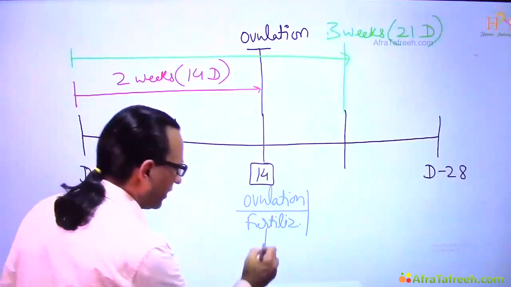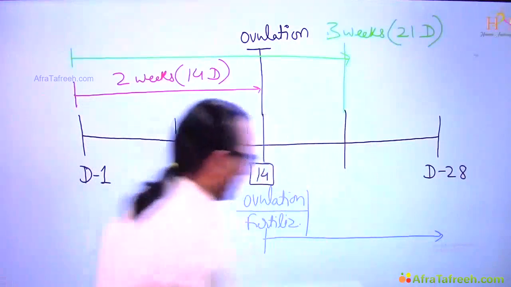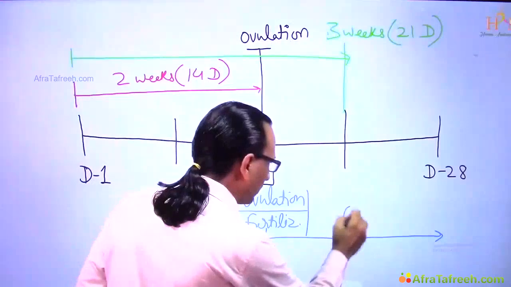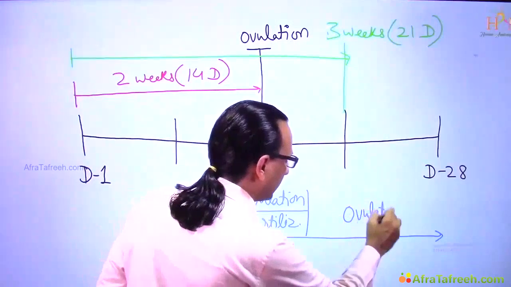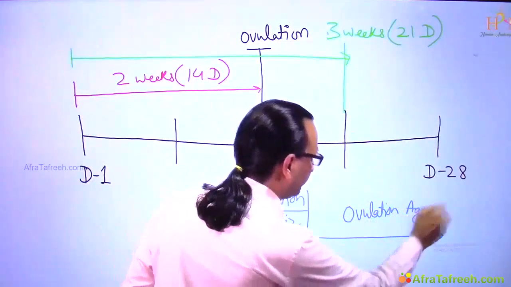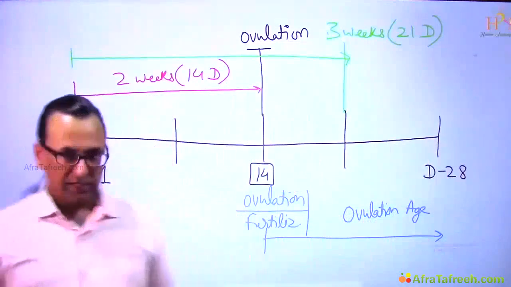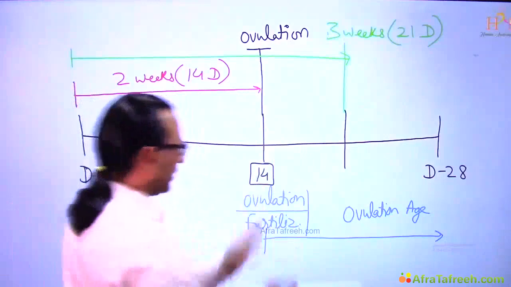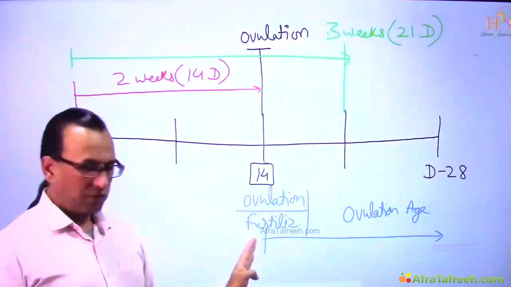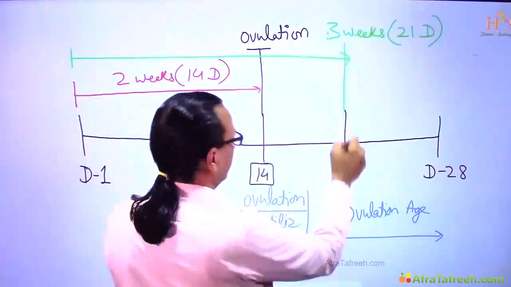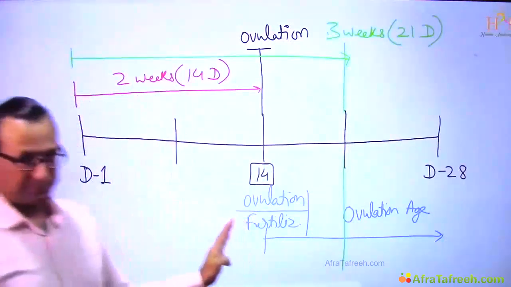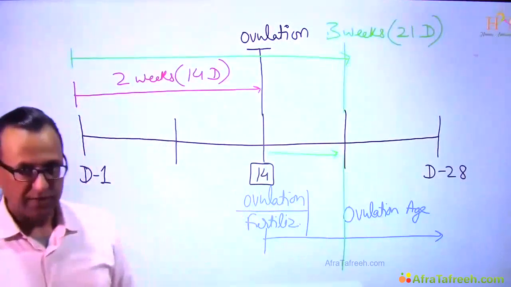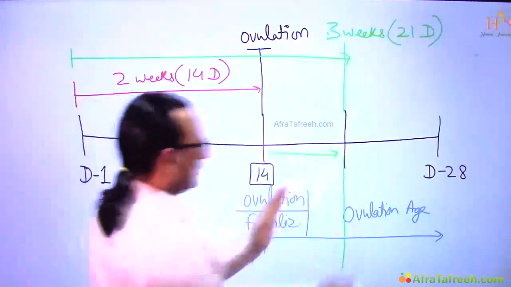Now, from here, you are calculating what is called as the ovulation age, or you can also say it is the fertilization age. Once you have that kind of orientation, you can also make out that if you are calculating from the ovulation, then when the implantation will be occurring, the implantation will be occurring at 7th day post ovulation.